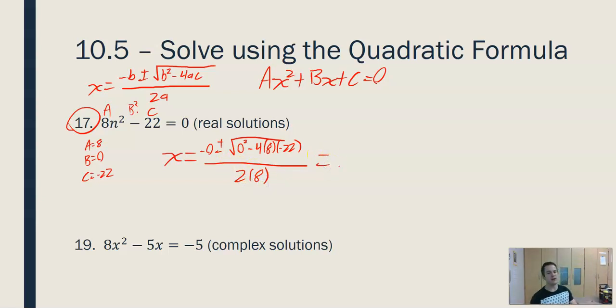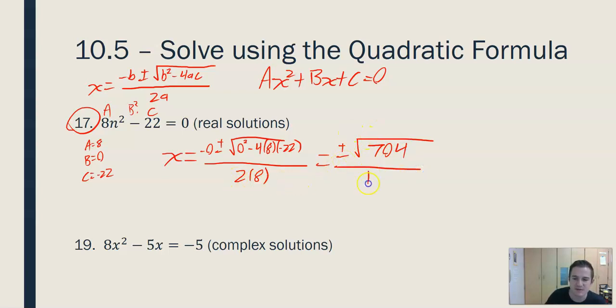Okay, let's simplify some of these things. 0 plus or minus anything isn't going to change it, so I'm going to have plus or minus the square root of 0 squared is just 0. Then I have negative 4 times 8 times negative 22, which is a positive 704.